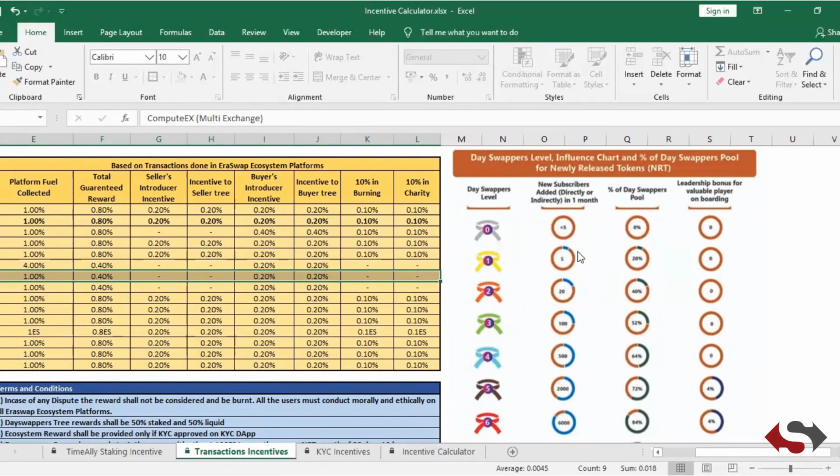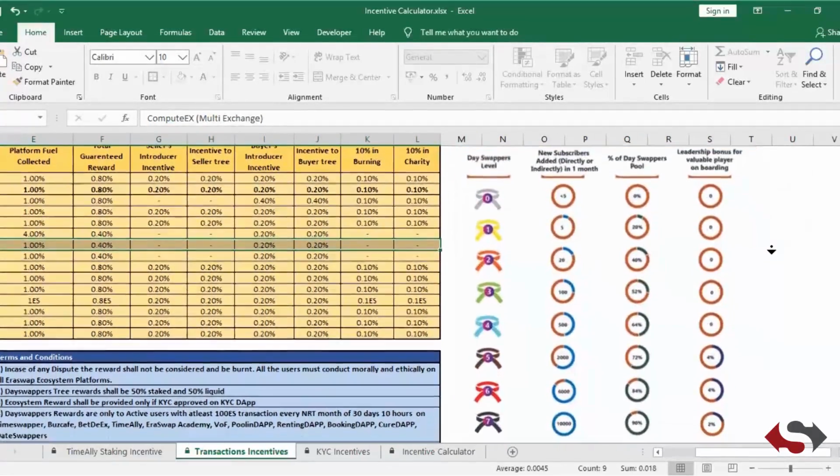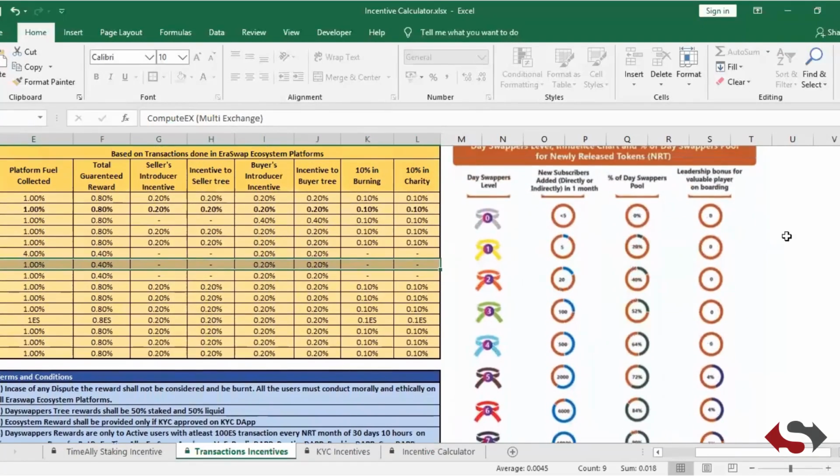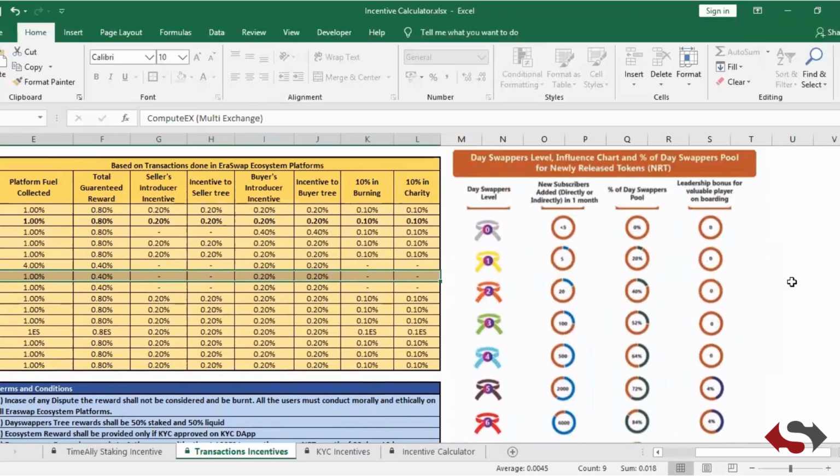Out here you can see that there are different day swapper levels: white, yellow, orange, green, blue, brown, black, red, black. So here you can see how many persons you need to achieve the corresponding belt in a month. Suppose I have achieved 100 users in this month, so I become a green belt and I will be getting a reward of around 52%.